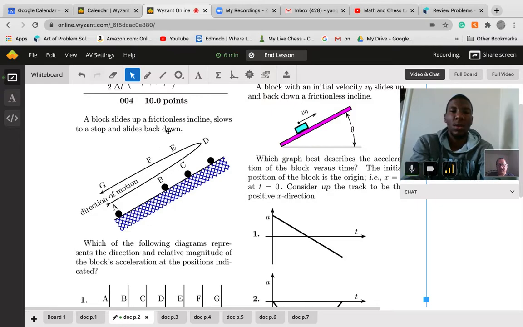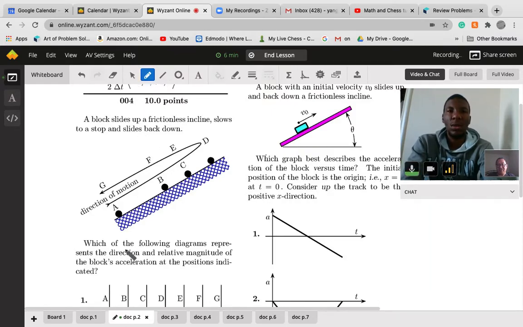You need to pay attention to the direction and relative magnitude of the block's acceleration at the position indicated.